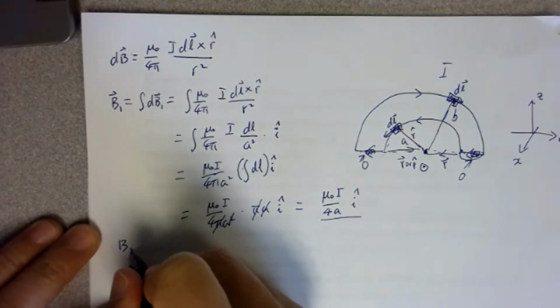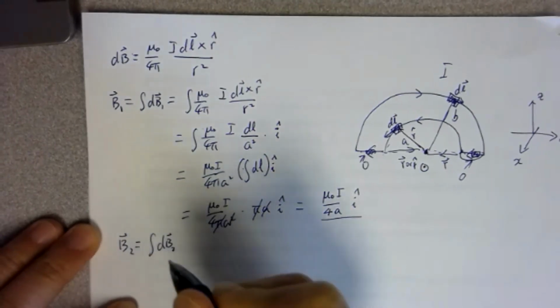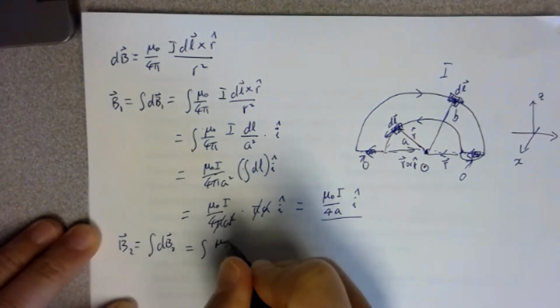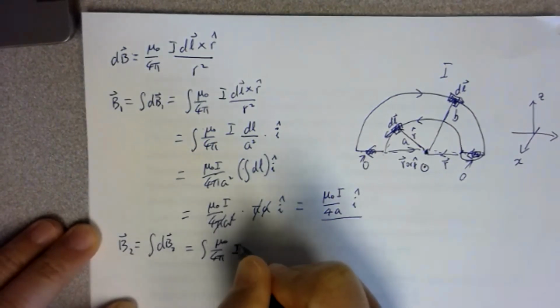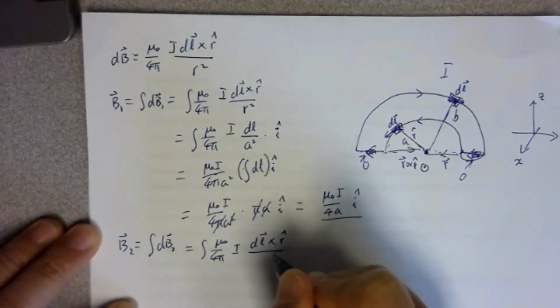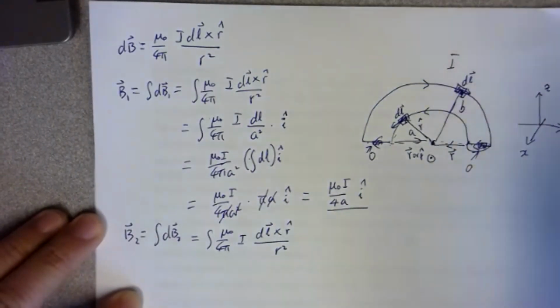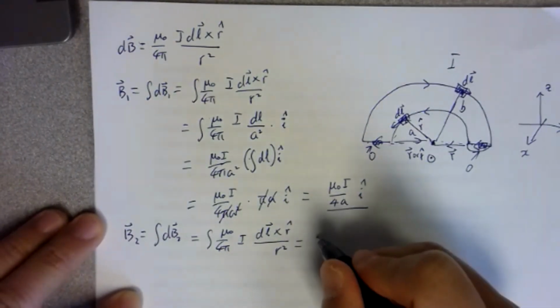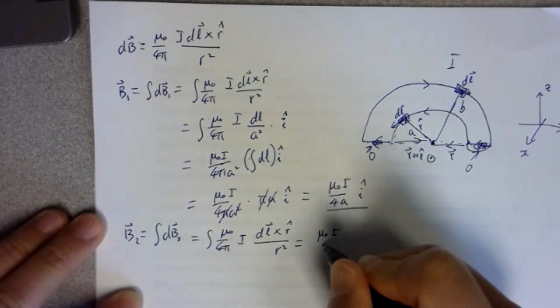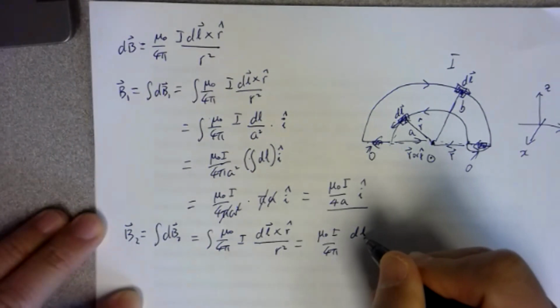B2 equals the integration of dB2, the integration of mu naught over 4 pi times I dl cross r over r squared. Again dl and this are perpendicular, so it'll be 90. So this will be just mu naught I over 4 pi times dl, and then that will be 1.